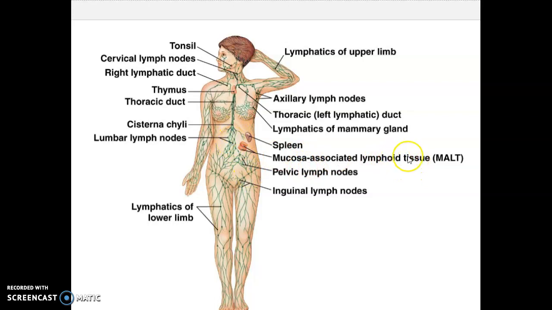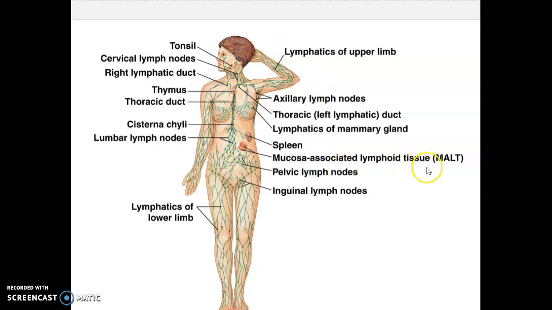Therefore, we have lymphoid tissues inside of these mucosal areas that help fight anything that gets into our lumen, our entrances to the body. So our MALT is what is protecting us, especially through our digestive tract.